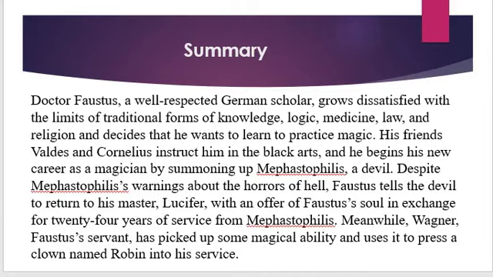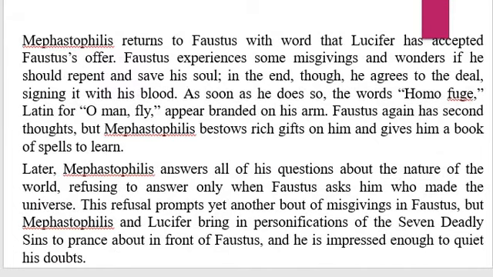Meanwhile, Wagner, Faustus' servant, has picked up some magical ability and uses it to press a clown named Robin into his service. Mephistopheles returns to Faustus with word that Lucifer has accepted Faustus' offer, and Faustus experiences some misgivings and wonders if he should repent and save his soul. In the end, though, he agrees to the deal, signing it with his blood.